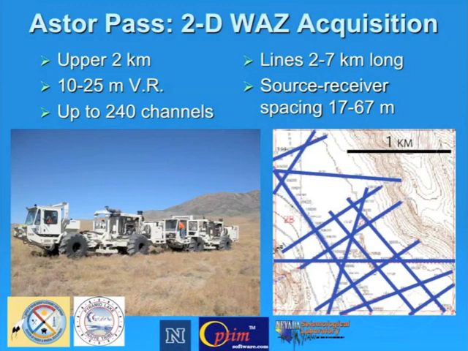All right. The lines were 2 to 7 kilometers long. The source receiver spacing was 17 to 67 meters. We were aiming at looking at the upper 2 kilometers of the section, and there was a 10 to 25 meter vertical resolution. Okay, and using up to 240 channels on the receiver lines.